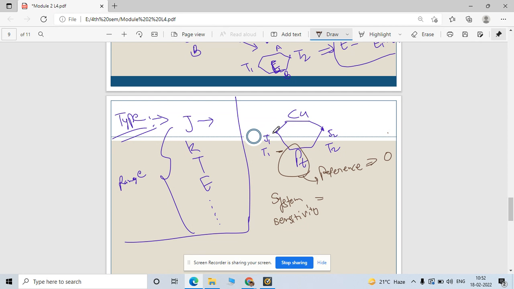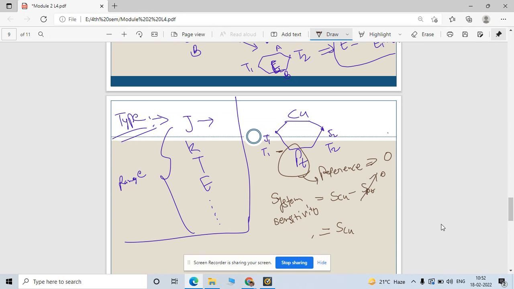So whatever EMF is created at the junction is only due to this copper wire, right. So the sensitivity of copper minus the sensitivity of platinum, which in general is 0, so the sensitivity of the overall system is your copper.